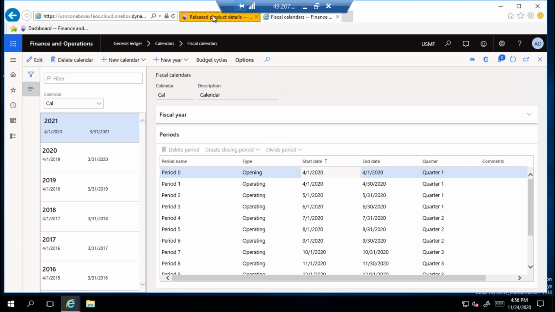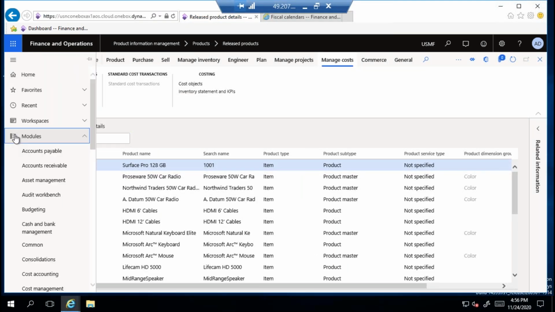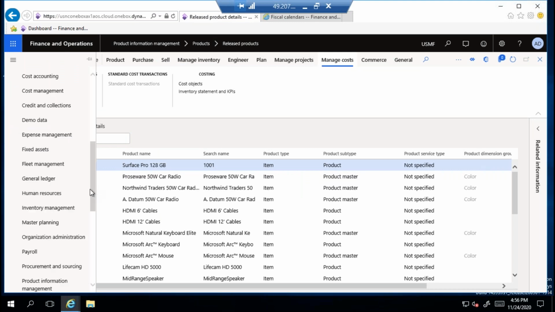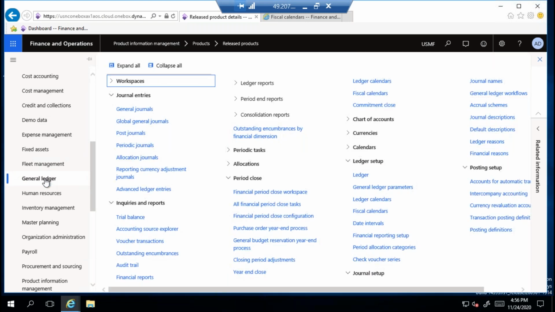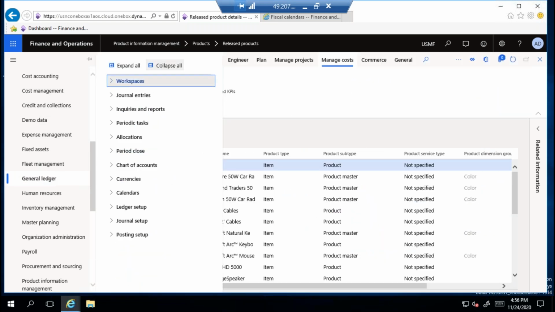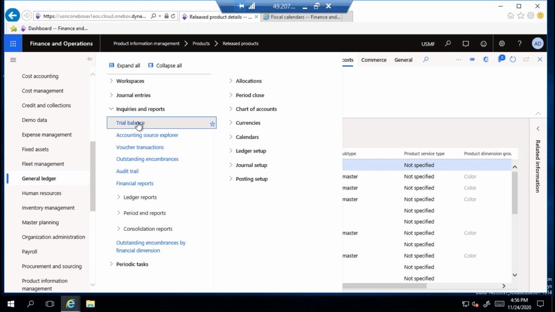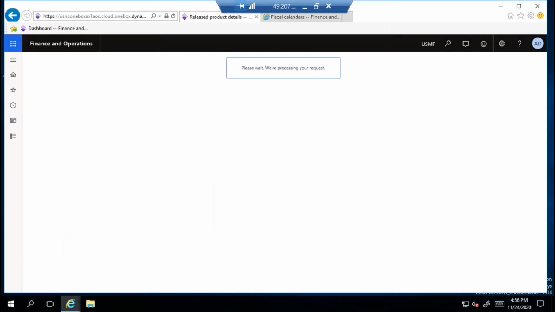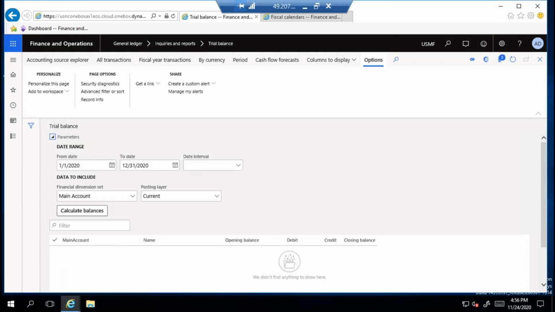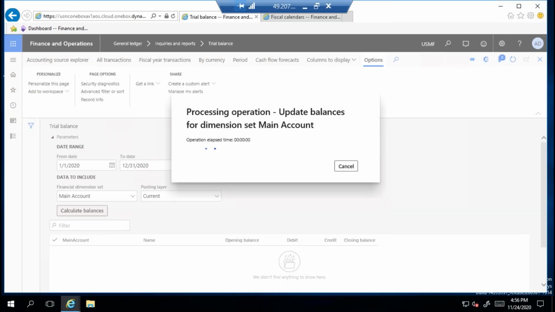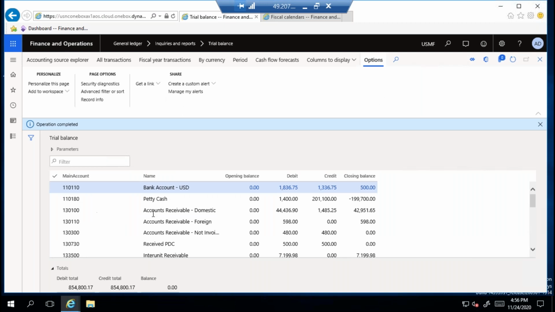So where can we see this? If you go to General ledger, inquiries and reports, trial balance, and click on calculate balances, it will show the opening balance.